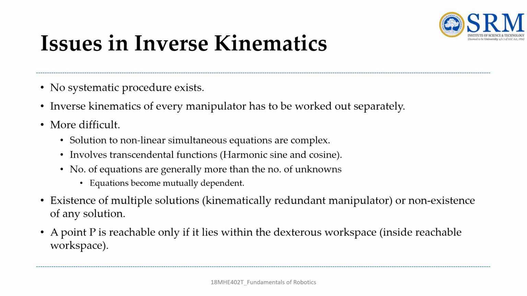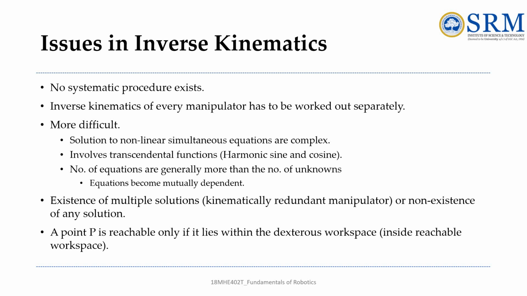Next, what are the issues in inverse kinematics? Figuring out the way a robot's joints should move to reach a specific point is not easy. It's like trying to solve a complex puzzle, and the solution is unique for each robot arm, so the math involved is challenging.